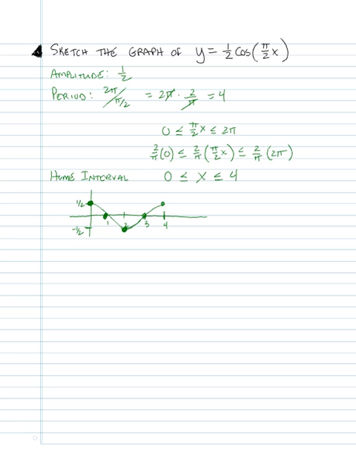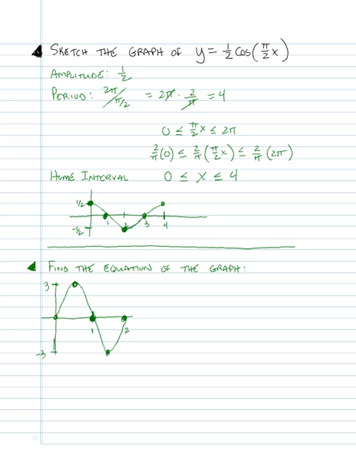Next, we want to come up with the equation for the graph that we see. So let me draw a graph here. I've kind of emphasized some points, but we're defining the equation of the graph that we see.